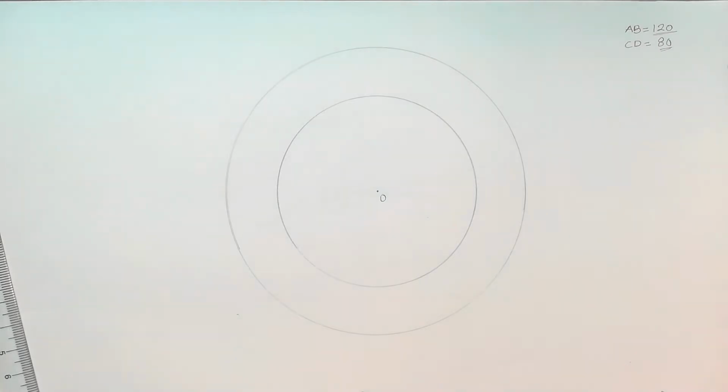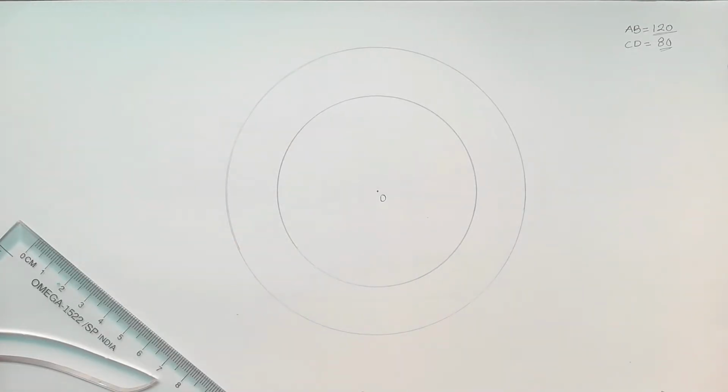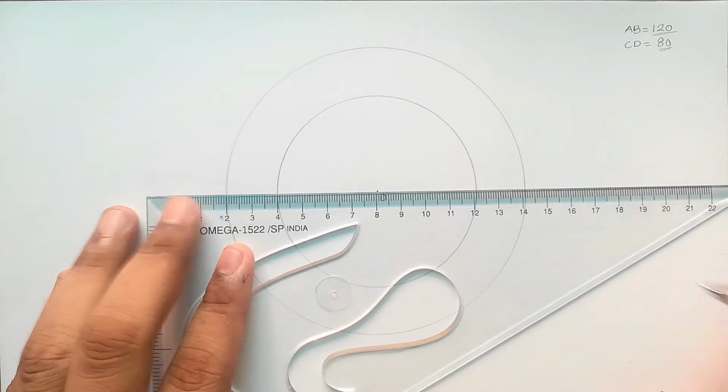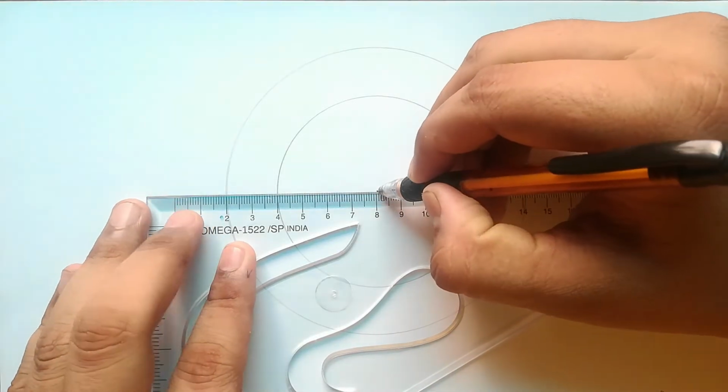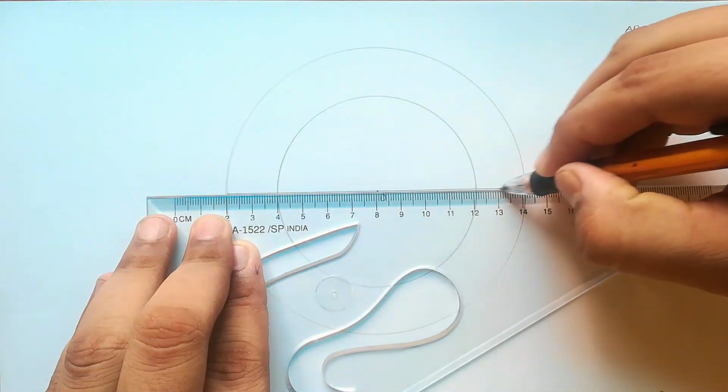Now I will divide the whole circle into a total of 8 or 12 equal divisions. It completely depends upon us how many divisions we make. Over here, I am going to divide the whole circle into 12 equal divisions. So I will take a major axis over here. This will be my major axis.